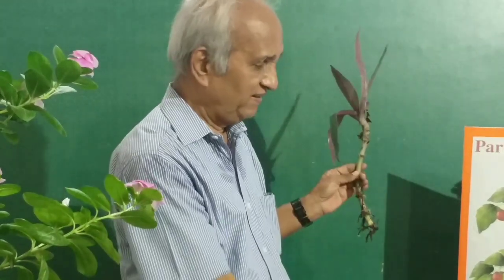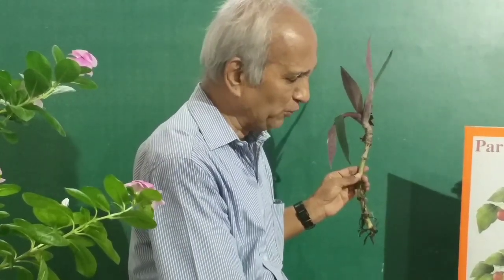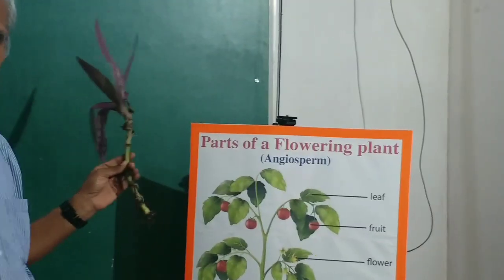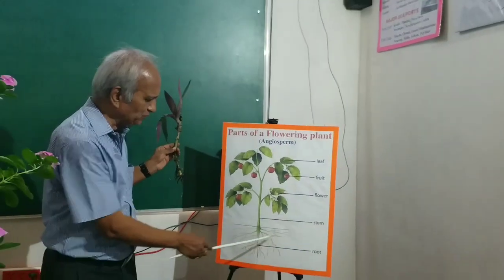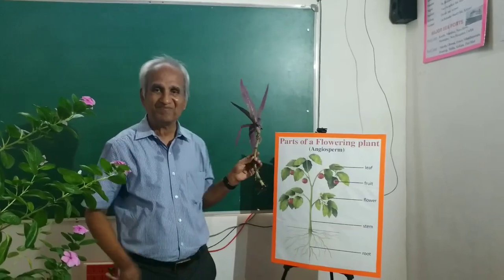Here, in this figure 2, you see this is the tap root. This is a tomato plant. It has a tap root. The tap root has secondary roots, and the secondary roots have tertiary roots.